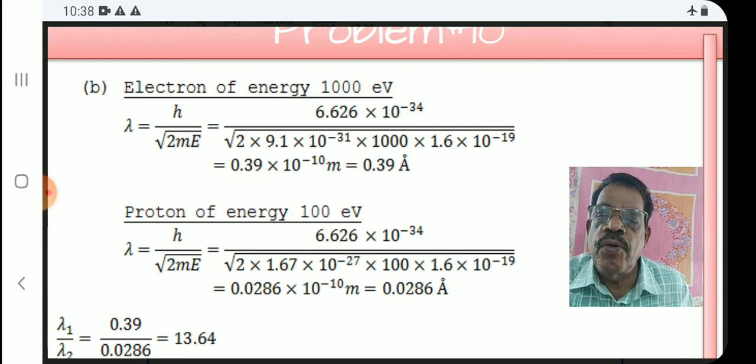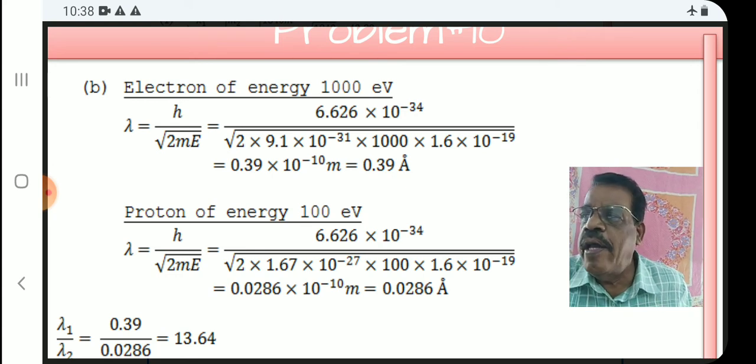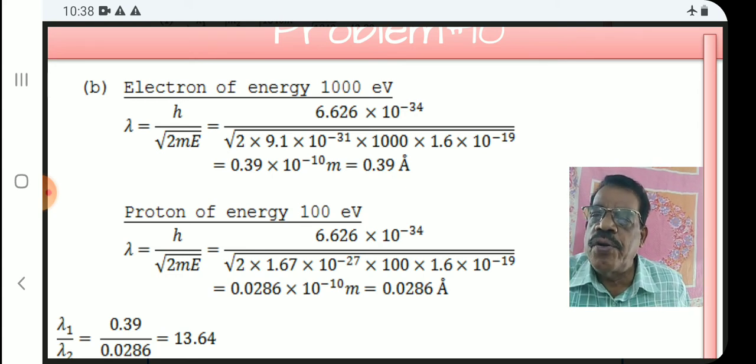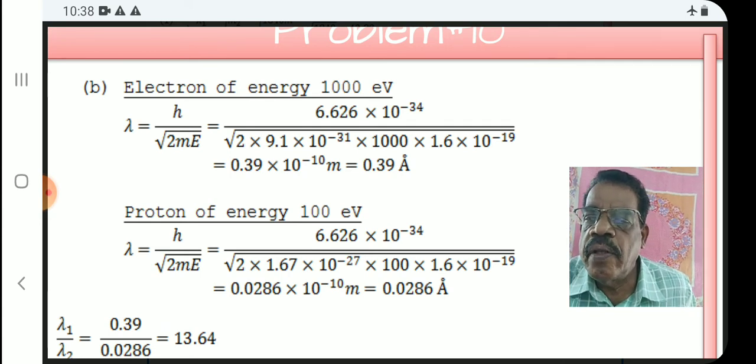That will need some calculation. So here lambda is 0.39 angstrom. It can be done by taking the formula root of 150 by V angstrom, V is 1000. On calculation we get 0.39 angstrom.